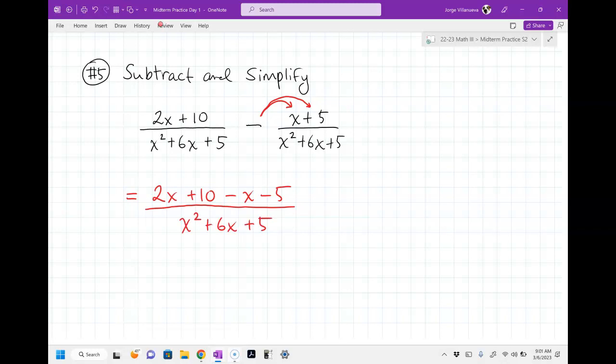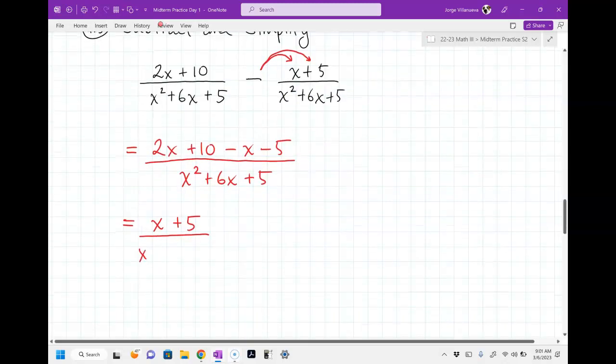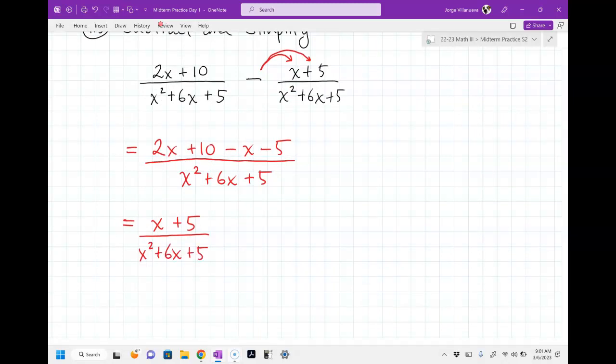Denominator does not change. All right, so now let's combine the top. I have 2x minus x, that's going to be an x. 10 minus 5 is a positive 5, over x squared plus 6x plus 5.